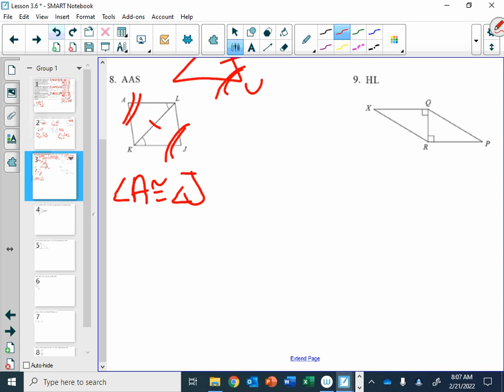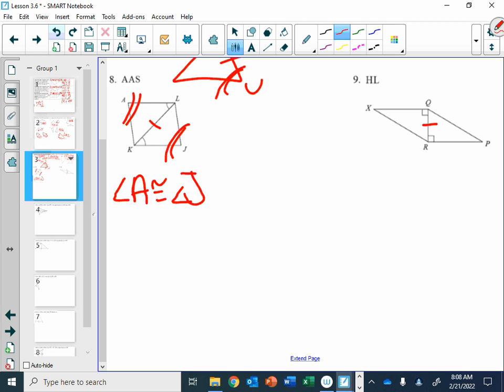Whatever. Alright, and then number 9. Hypotenuse leg. Okay, so I need these triangles to be congruent by hypotenuse leg. Something here is obvious. Q and R, same thing for both triangles. Is that my hypotenuse or my leg? That's my leg.